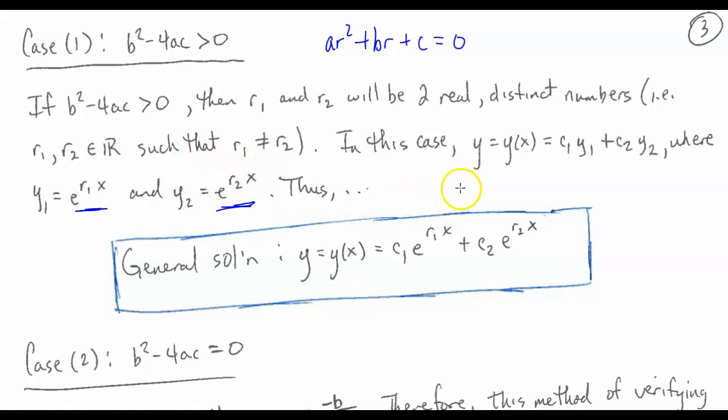And because of what we learned about the superposition of fundamental solutions for the basis of solutions for these types of differential equations, we can take any linear combination of these two and come up with the general solution. And so that is our case 1.